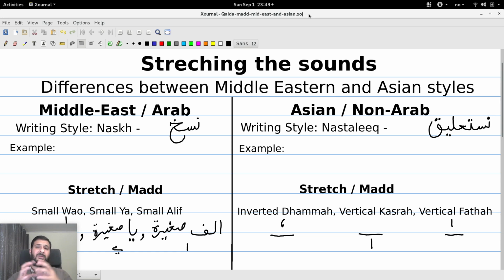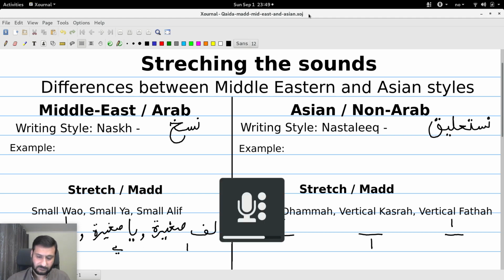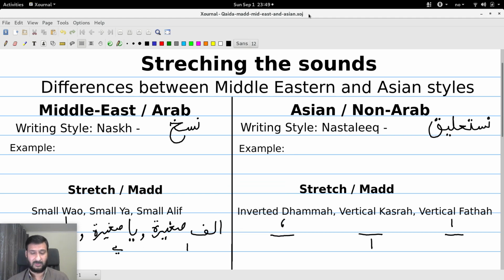When Islam was spreading outside the Middle East, they had to agree on a way of writing, and this style Naskh was considered, because there was another style called Kufi that was a bit difficult to understand for an average person.